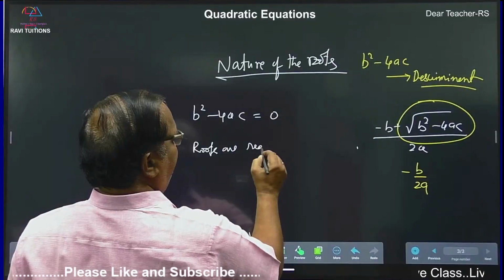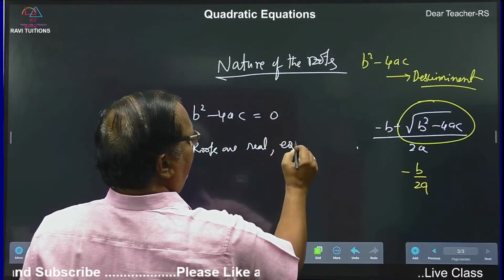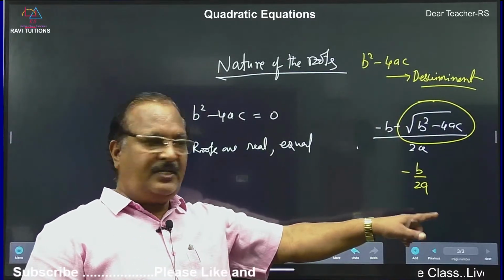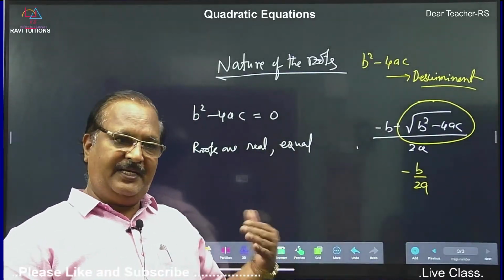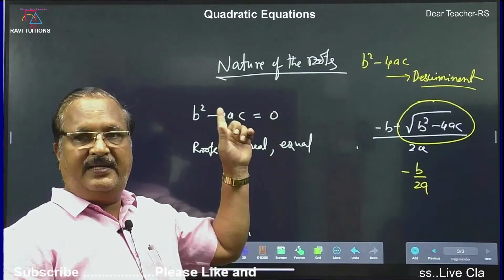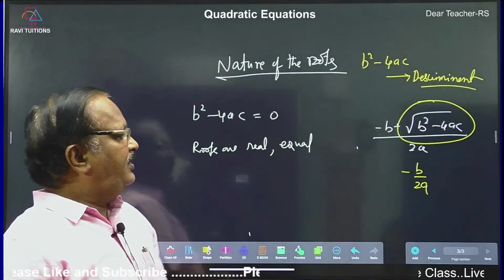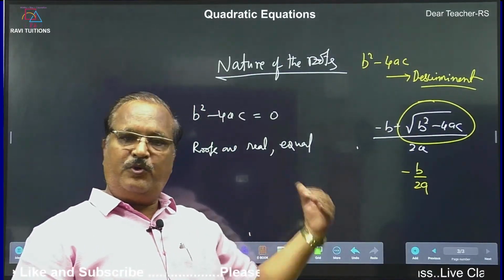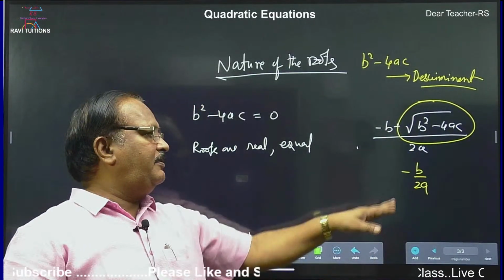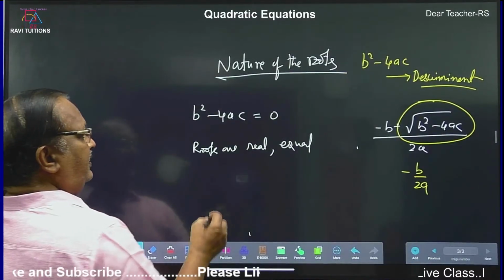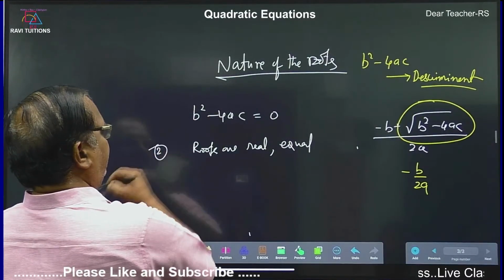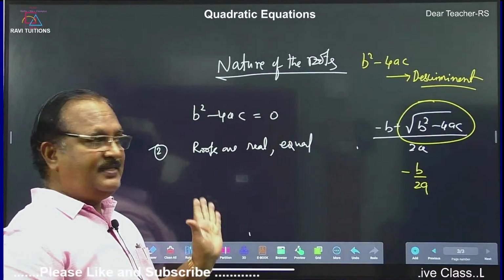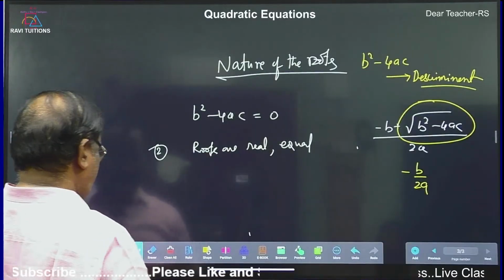Roots are real and equal, because both roots are minus b by 2a only. Every quadratic equation will have two roots. So here everything becomes 0 and minus b by 2a is remaining, so both roots are minus b by 2a and minus b by 2a. So this is the second condition. Now less than 0 is over, equal to 0 is over.